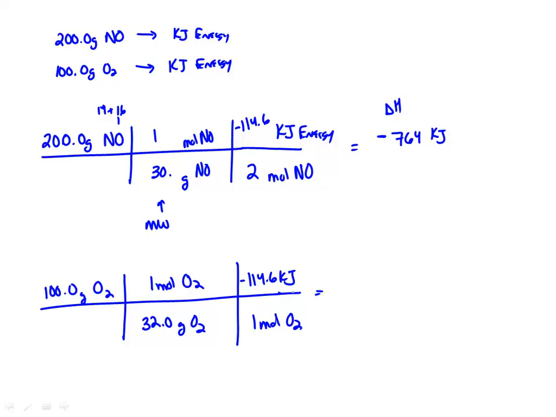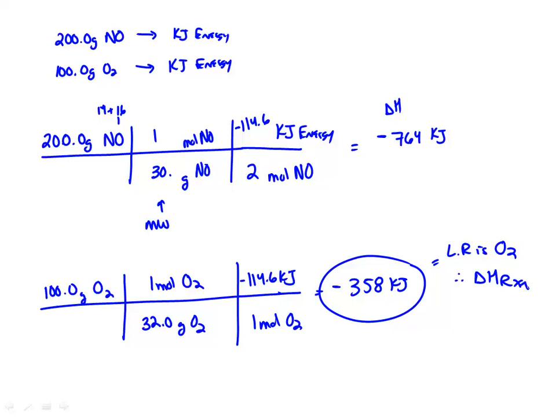So 100 times 114.6 divided by 32 is 358 kilojoules with the negative sign. So which one is my limiting reactant? My oxygen. So my limiting reactant is O2. Therefore, delta H for that reaction is equal to minus 358 kilojoules.